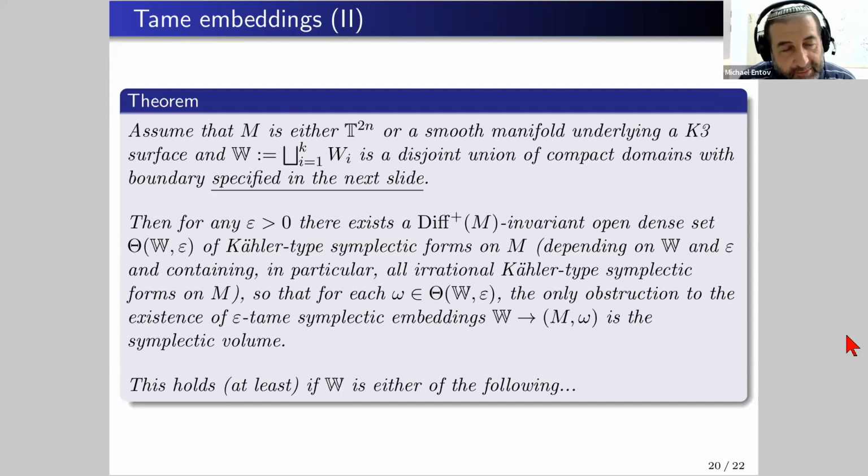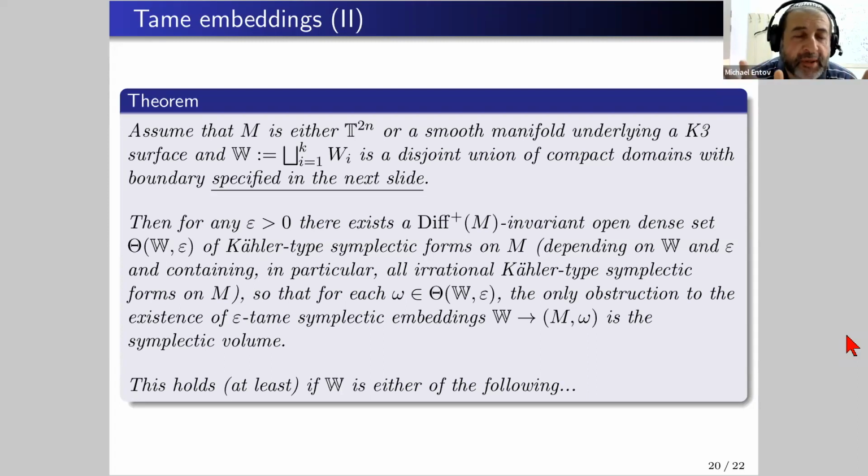For any epsilon, I can find an open, dense, and Diff-plus-invariant set of Kähler-type symplectic forms on M, depending on these domains and on epsilon, and containing in particular all rational Kähler-type symplectic forms on M, so that for each omega in this open and dense set, the Kähler-type embeddings, the epsilon-tame embeddings of W into M, have no obstruction other than the symplectic volume.